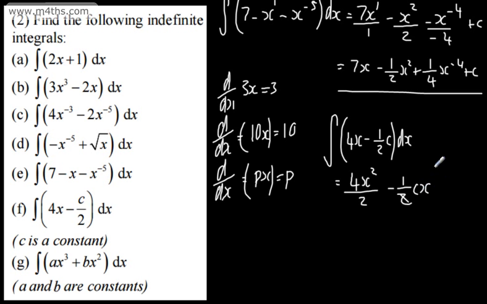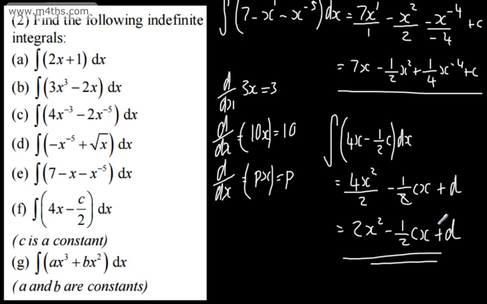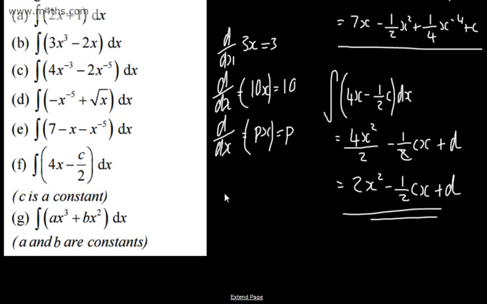Now you can put 1 here and divide by 1, but I'm not going to. c is just a constant. If you really want, like I did with 7x to the power 1 divided by 1, you can. Plus d. d is my constant of integration. I've already used c, so I'm going to introduce d. So we write 2x squared minus 1/2 cx, where c could be 5, 10 or 20, plus d, and again, d could be something entirely different. So don't be scared to introduce these, it's perfectly fine.